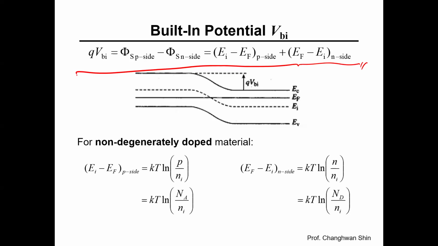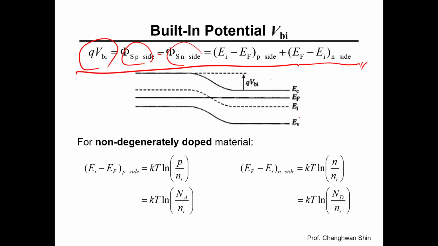Here, q V sub bi equals phi sub s on the P side minus phi sub s on the N side, or E sub i minus E sub F on the P side plus E sub F minus E sub i on the N side. Here, E sub i is the intrinsic Fermi energy level, and E sub F is the Fermi level. The terms E sub i minus E sub F and E sub F minus E sub i represent the energy differences between these levels on the P side and N side respectively.